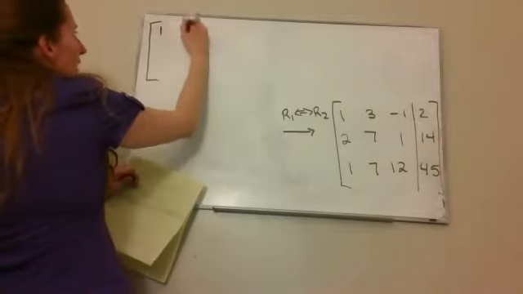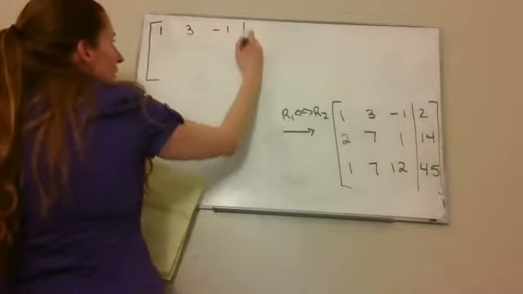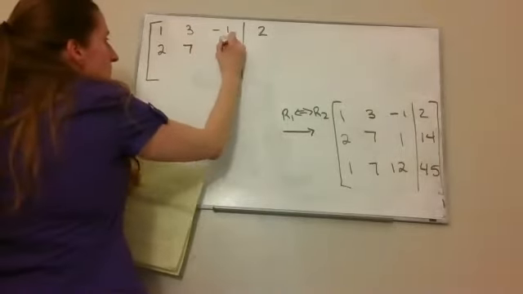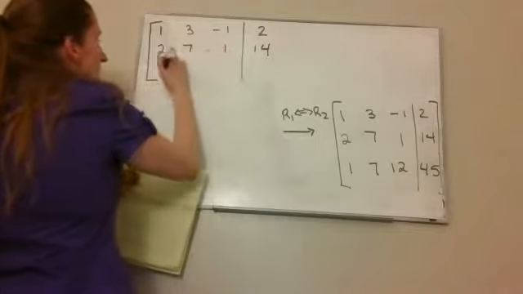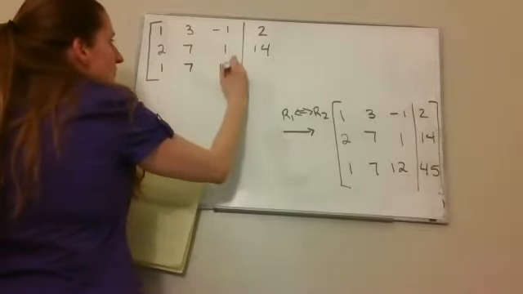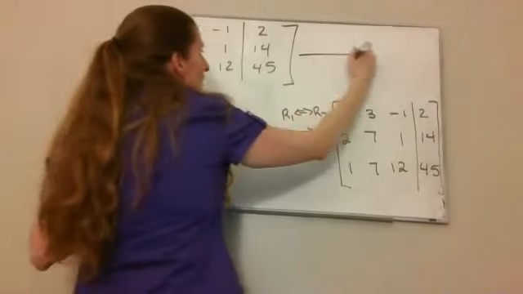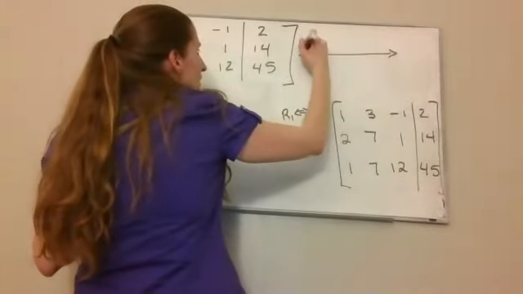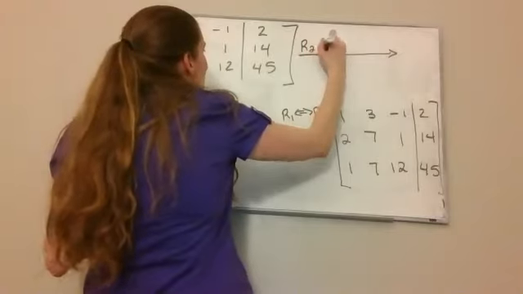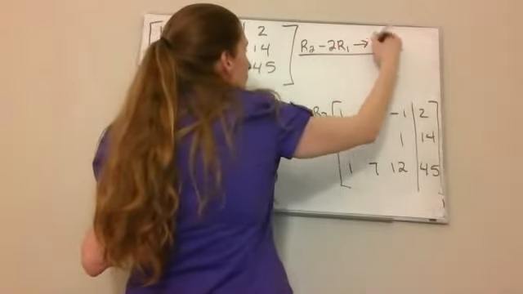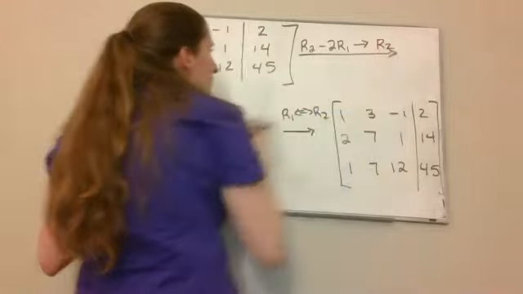So let me rewrite where we were. I suggest that we use the row operation, row 2 minus 2 row 1, store it in row 2.